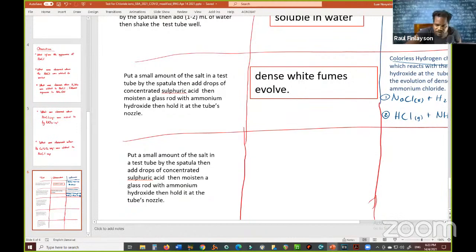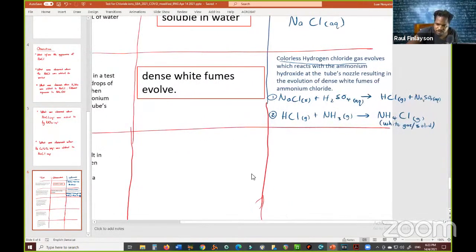They start to put the qualitative analysis in different parts of other questions. So you might be doing a question about bonding, and all of a sudden the last part asks you to describe a test for, you know, chloride ions, just out of the blue. So they're throwing it in questions now, but usually it was a question by itself. So that's why this lab is important for us to do.